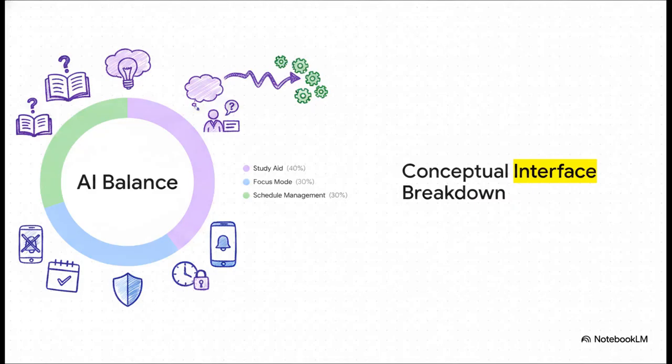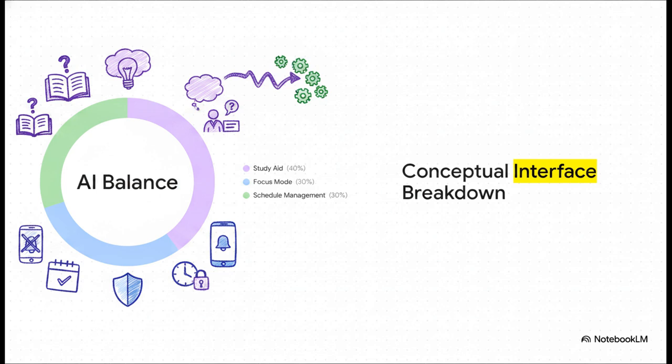To put this into perspective, we can conceptually visualize how this interface actually allocates its AI power to support a student's daily routine. Notice this breakdown. It's roughly a 40-30-30 split. About 40% of the system is dedicated to acting as a direct study aid. That means answering questions, providing real-time tutoring prompts, and generating practice quizzes. Then, 30% is allocated to focus mode.